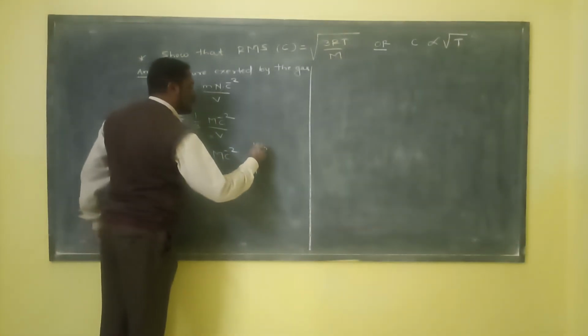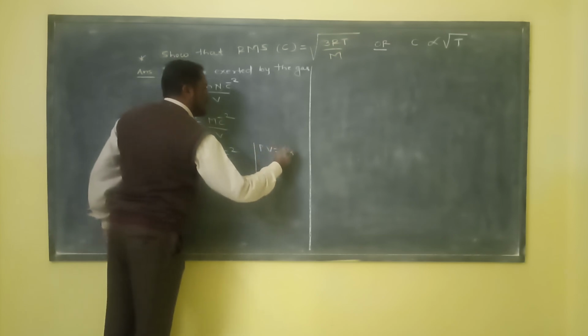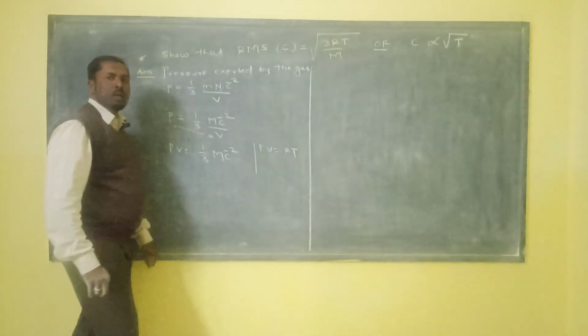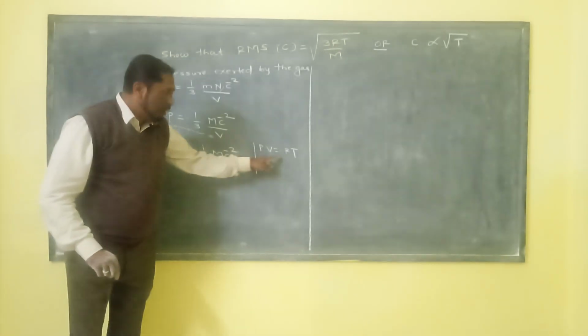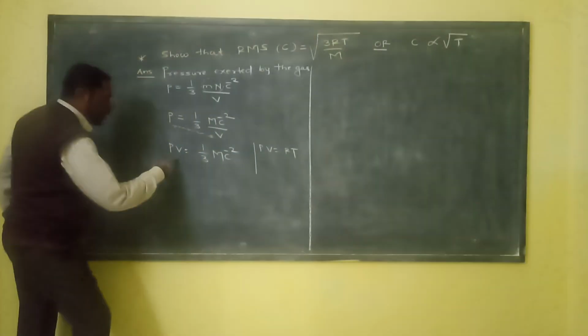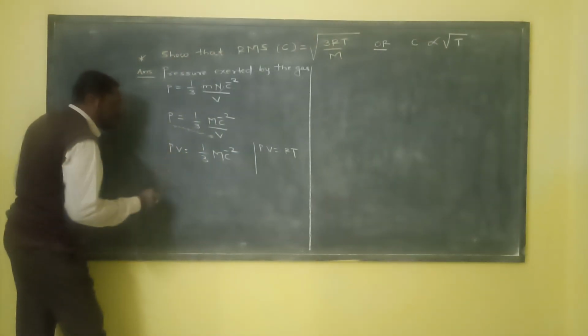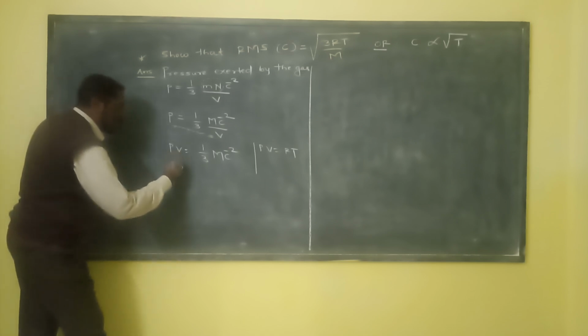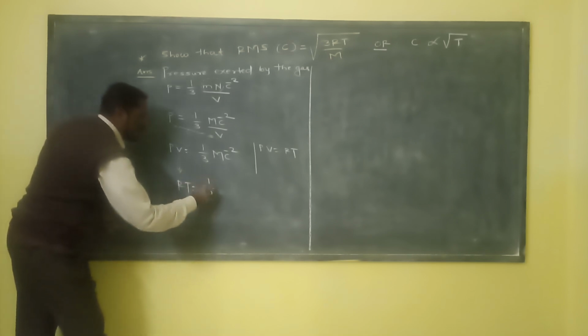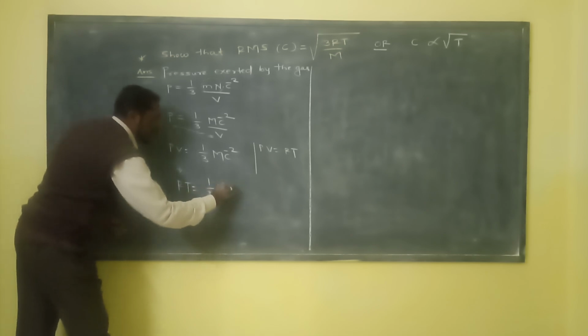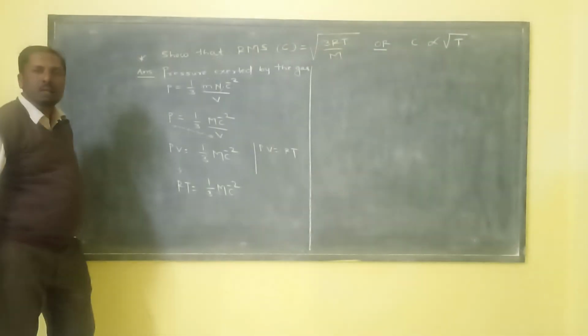And we know that PV is always equal to RT. How? For 1 mole of a gas, PV is equal to RT, according to ideal gas. So PV can be written as RT is equal to 1 upon 3 m bar c square.